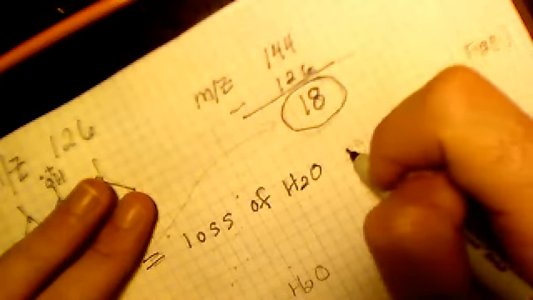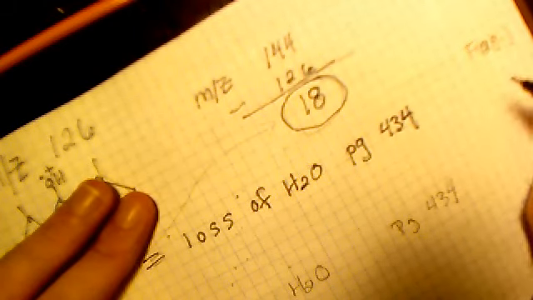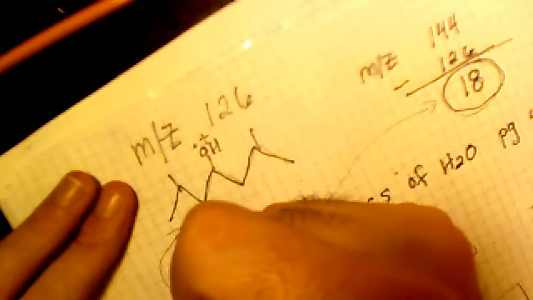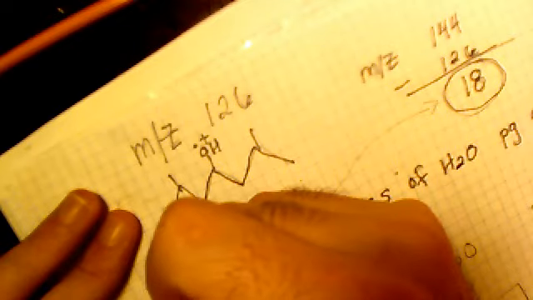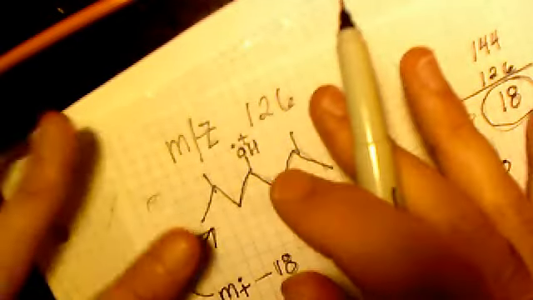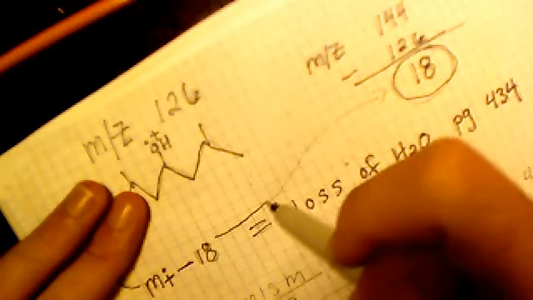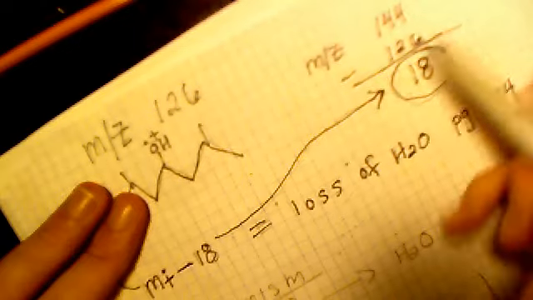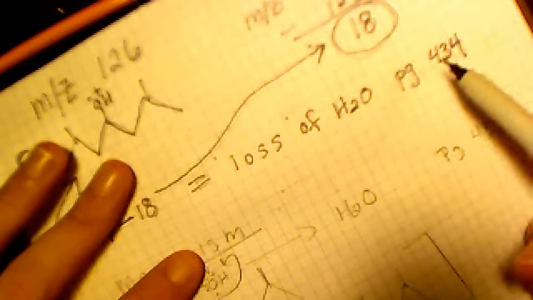And I got that from page 434 in the book. So here your M positive radical is your pre-fragmented molecule, so that's your molecular weight. And if you subtract 18 from it, which we did up here, we found that you're subtracting 18 to get 126, because our fragment we're working with is 126. That means you have a loss of water.